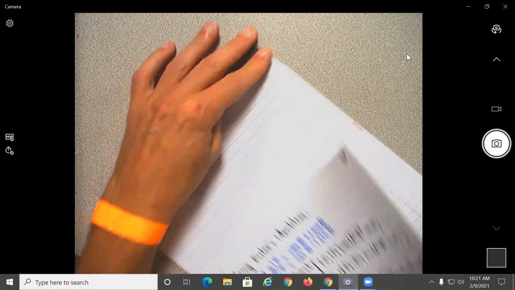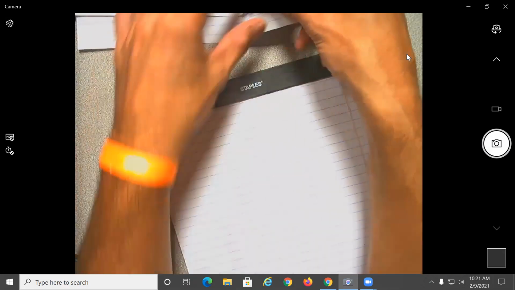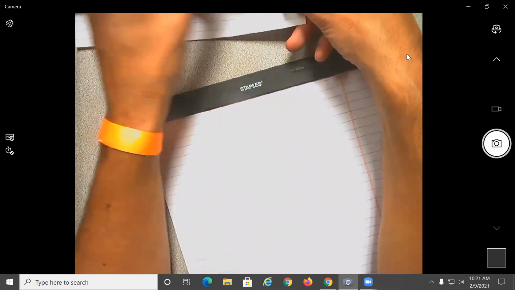Same procedure as before, pages 36, 37, 38, 39.